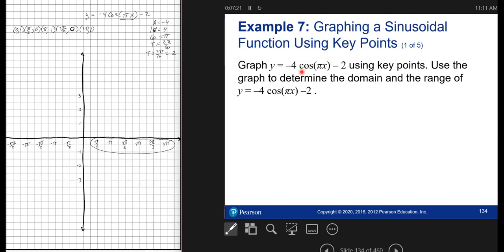It won't be in terms of pi. Right. I didn't think of that when I created this.